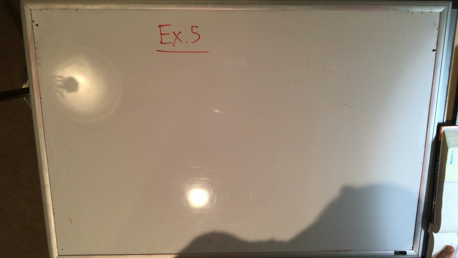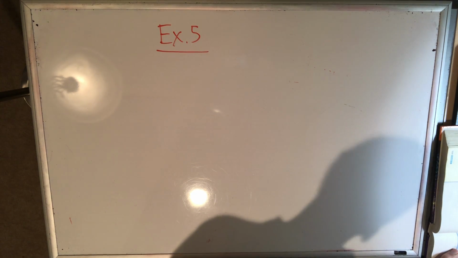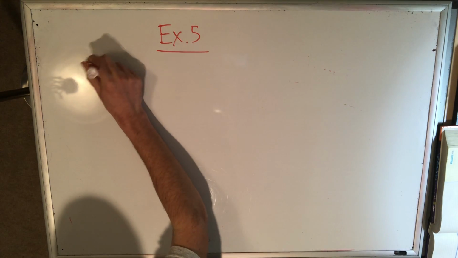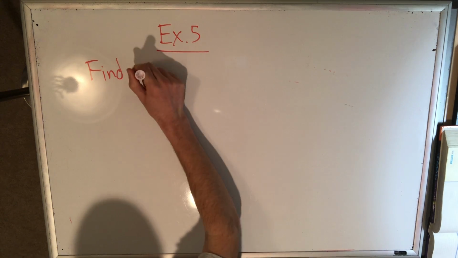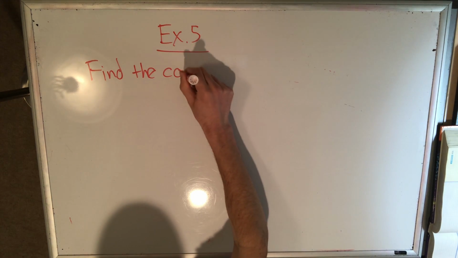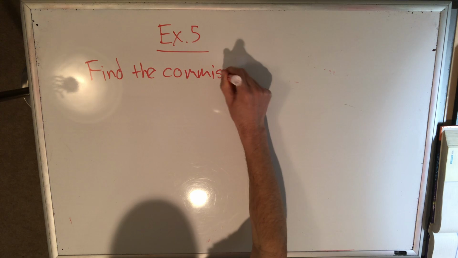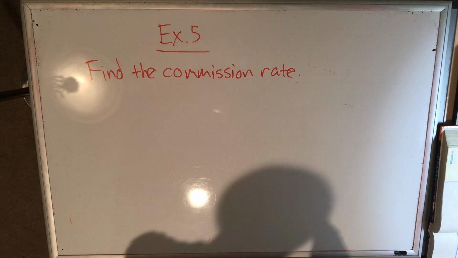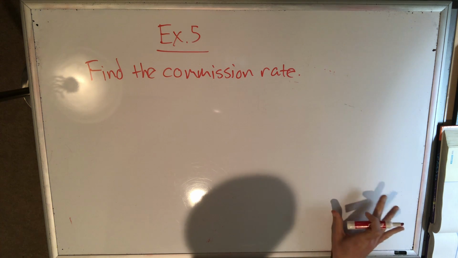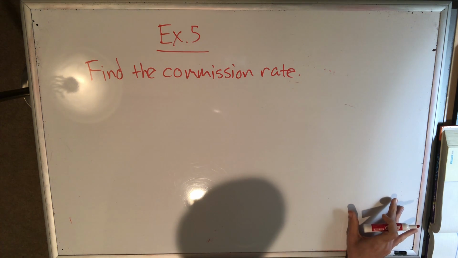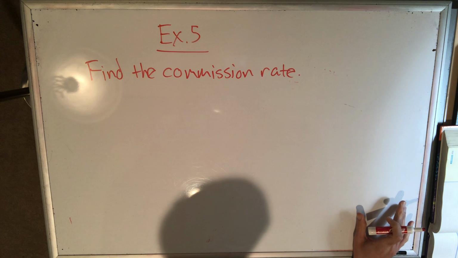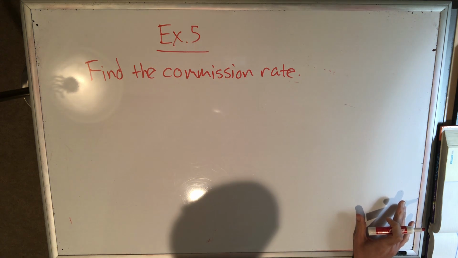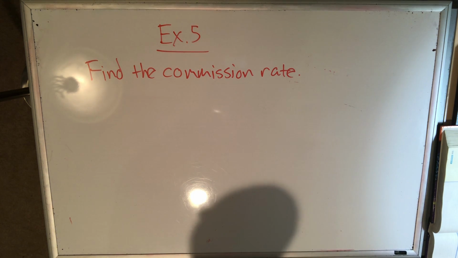We've got find the commission rate. So salesmen make money off of commission. They get a certain percentage of the total amount they sell, while the company they work for gets most of it.